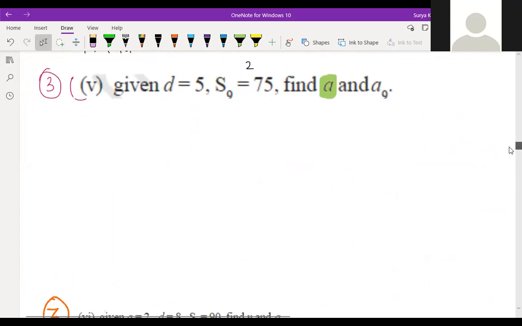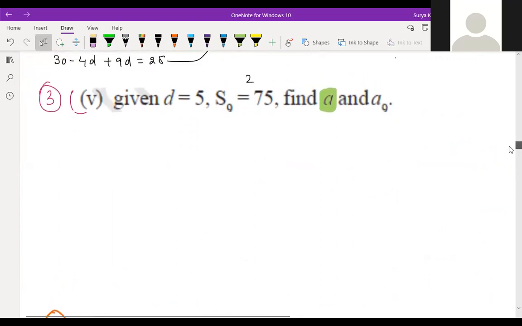Tell Hemant what to do for this. D is 5. S9 is 75. You have to find A and A9. So how to find?